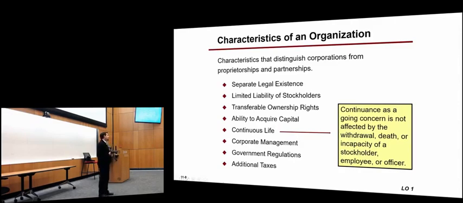So if one of the investors, one of the shareholders dies, it doesn't affect the company. As a result, the company will have a continuous life as long as it is financially performing well. As long as it's not going bankrupt, the company will remain indefinite.